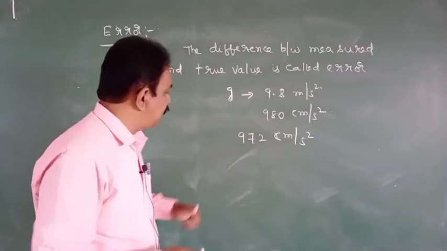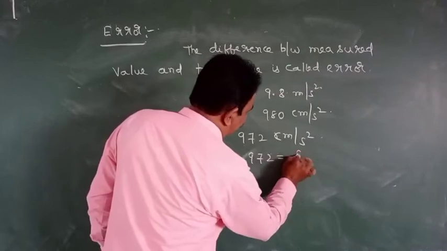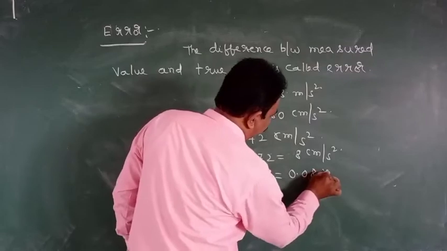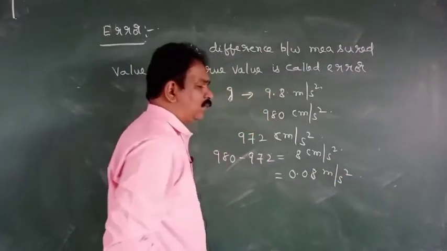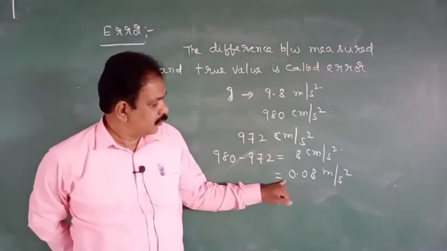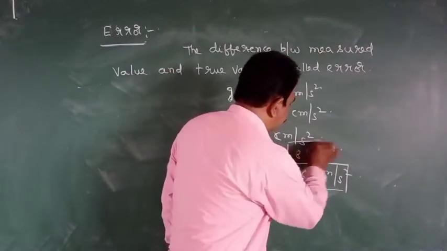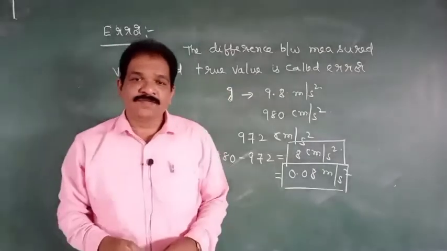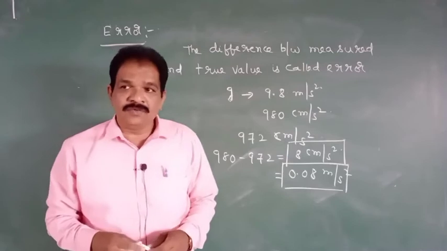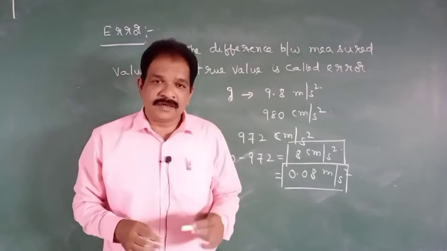So what is the difference between them? 980 minus 972, 8 centimeter per second square, or 0.08 meter per second square. This will be called the error. Point is clear? The difference between the measured value and true value is called the error.